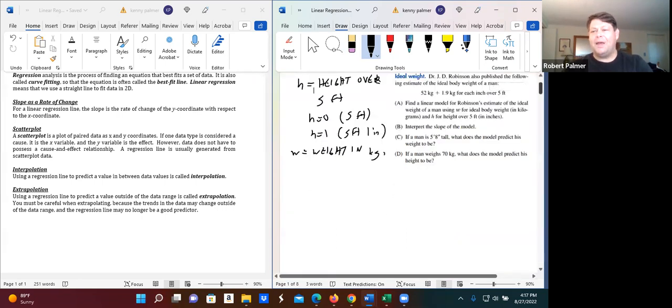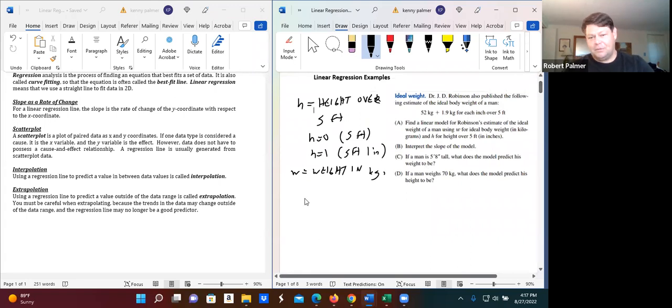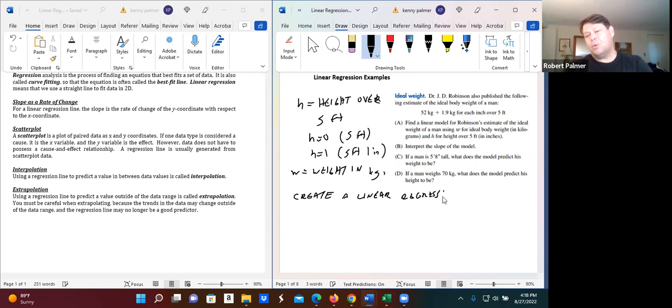Now let's see what makes sense. We want to create a linear regression line. Basically, it's going to be a line that fits this data.